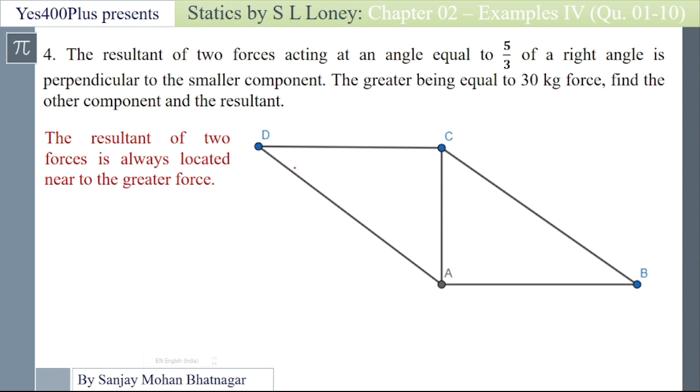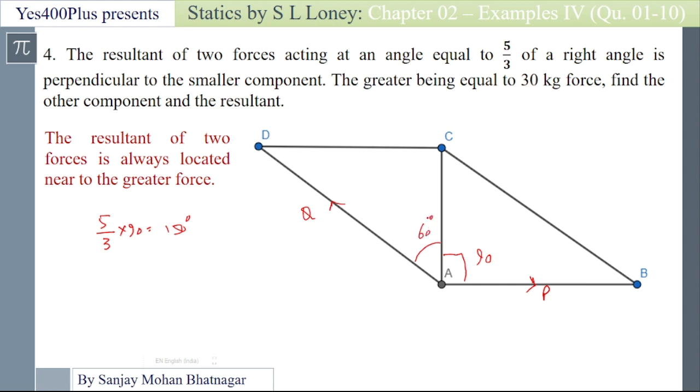सो दिस इज द फिगर एंड ऑब्वियसली ये ध्यान रखना चाहिए आपको, मैंने पिछले क्वेश्चन में भी बोला है, रिजल्टेंट ऑफ टू फोर्सेज इज ऑलवेज लोकेटेड नियर टू द ग्रेटर फोर्स. अब ये एंगल 90 डिग्री है और 5 बाई 3 ऑफ ए राइट एंगल मींस 150 डिग्री, यानी कि टोटल एंगल बिटवीन फोर्स P and force Q is 150 degree, so this is 60 degree.